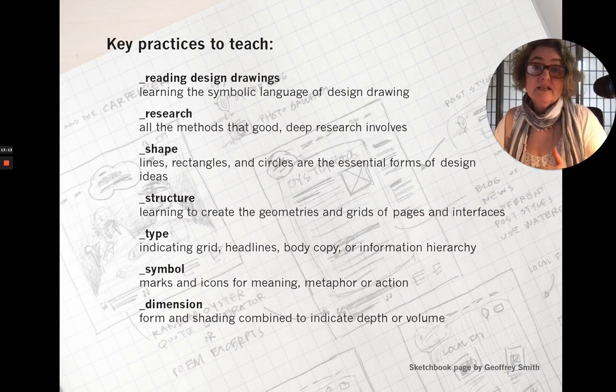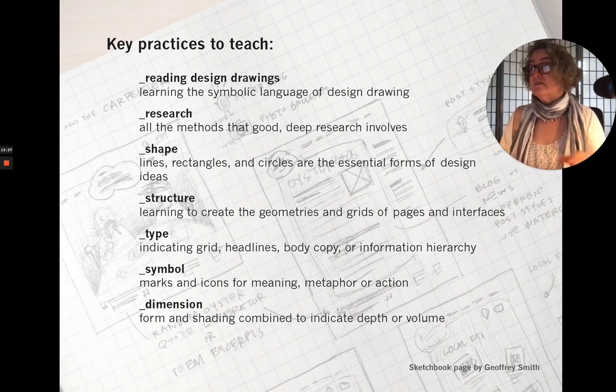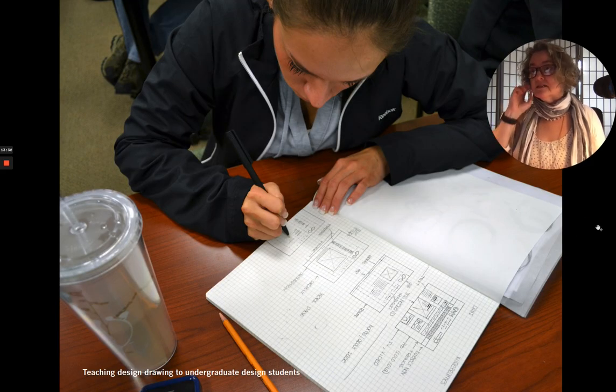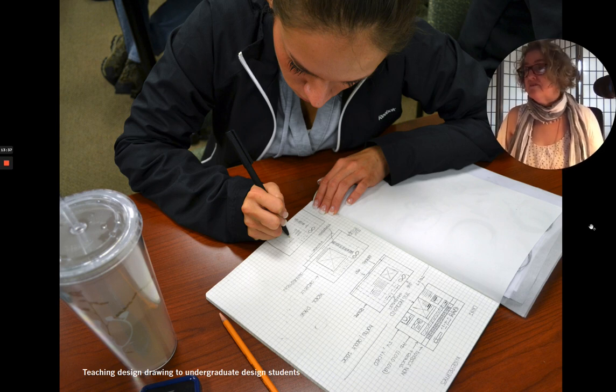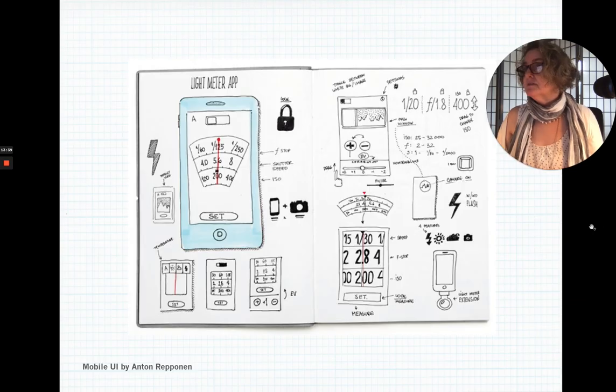Obviously, if it's a physical three-dimensional product, but also sometimes in graphics or visual design, we want to convey the illusion of depth or volume. So those are the key practices. And as you can see, this student is practicing website wireframes and grid structures. Here's another ideation sketchbook for a mobile application.